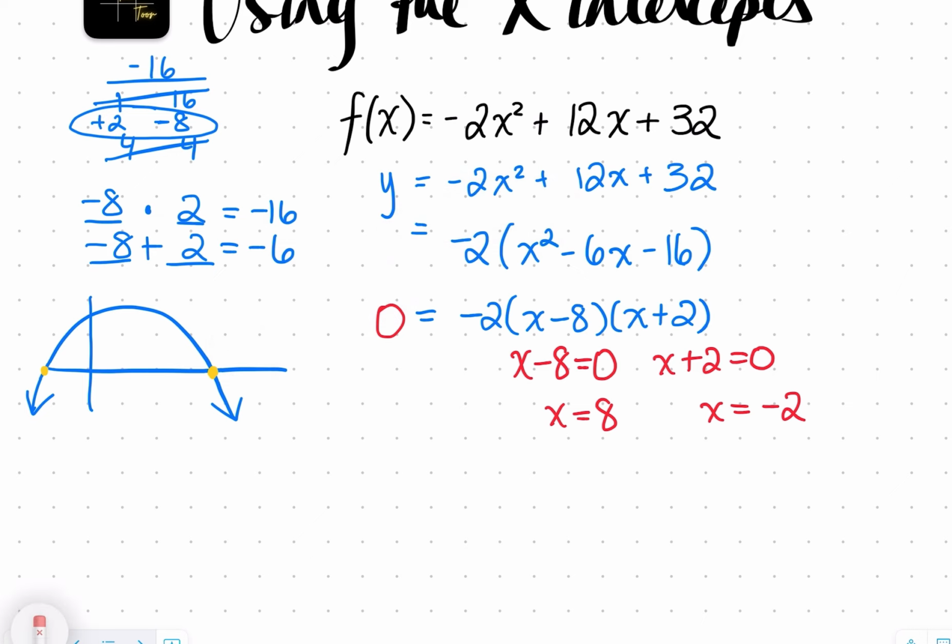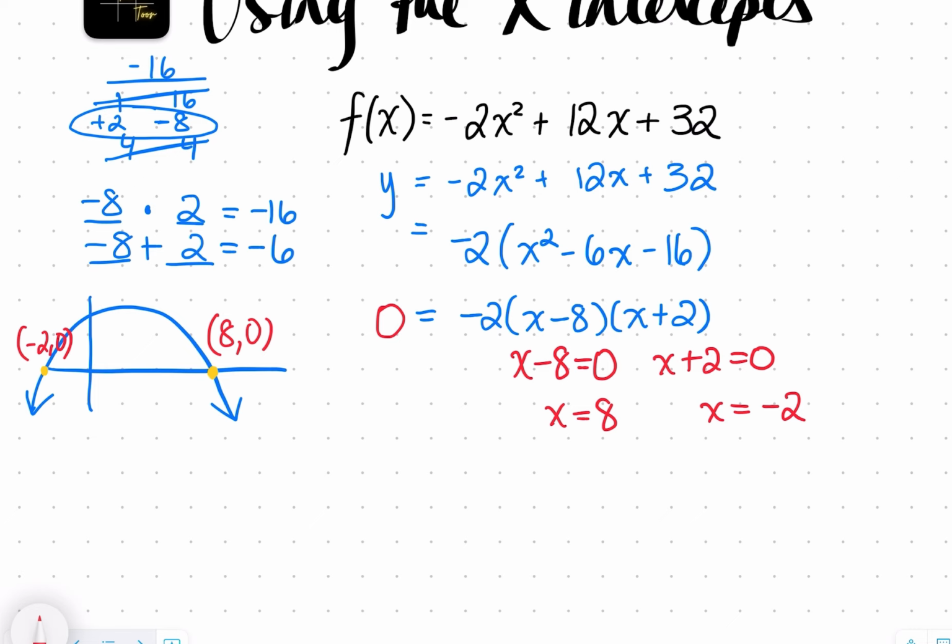So we can introduce the coordinates that we have, 8, 0, and -2, 0 as the x-intercepts. And the reason why it's now helpful to have the sketch on the side is that it will help us visualize what we're doing algebraically.